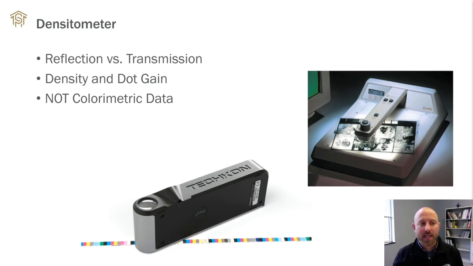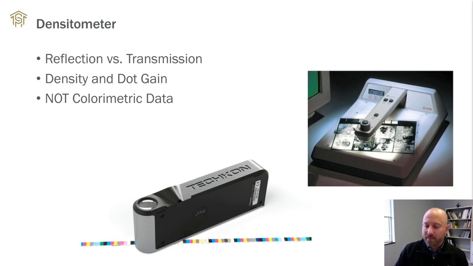So if you hear something like SID, or solid ink density, these patches are measured so that it gives us an indication of how much ink is being printed. So think about this.